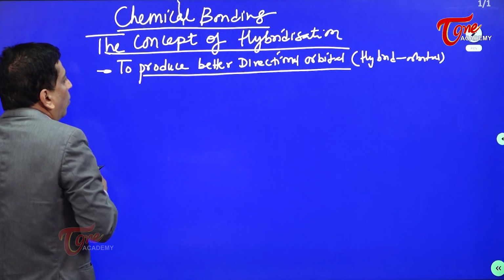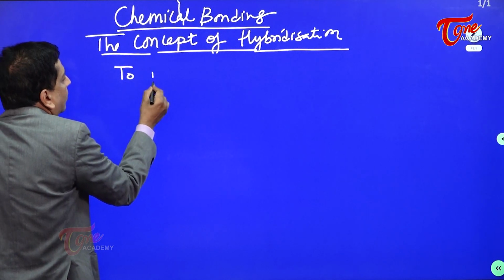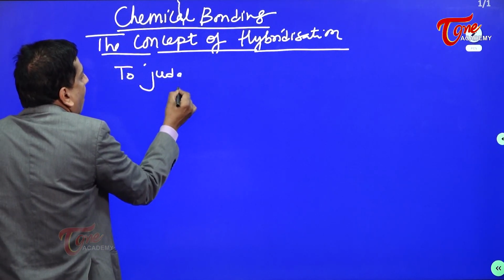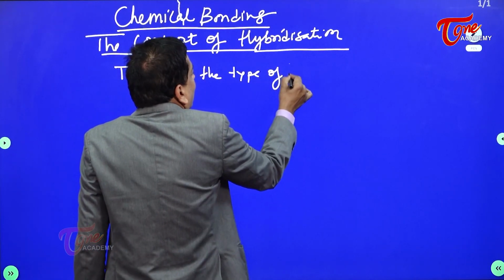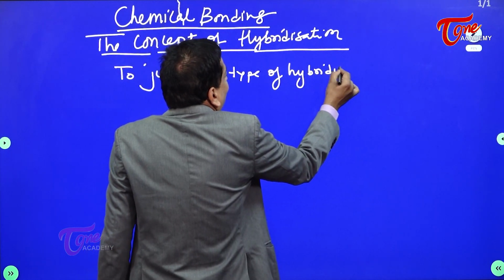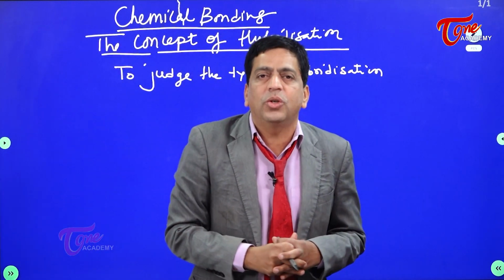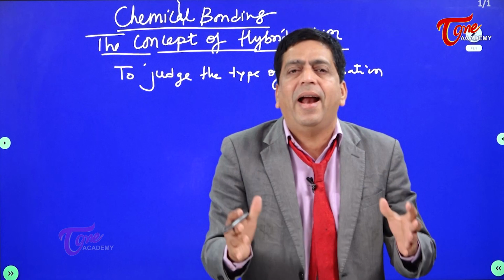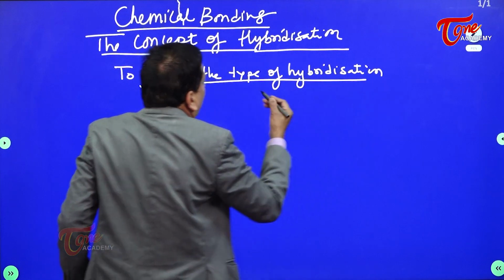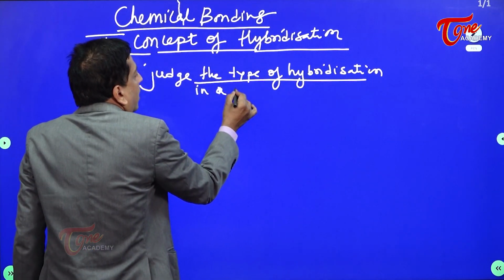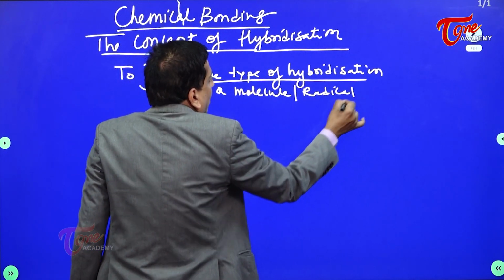To judge the type of hybridization in a particular species, radical or a molecule, you must understand.